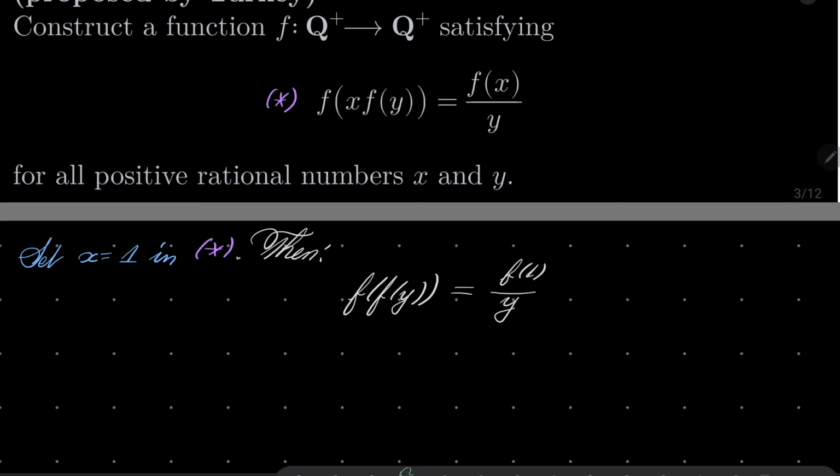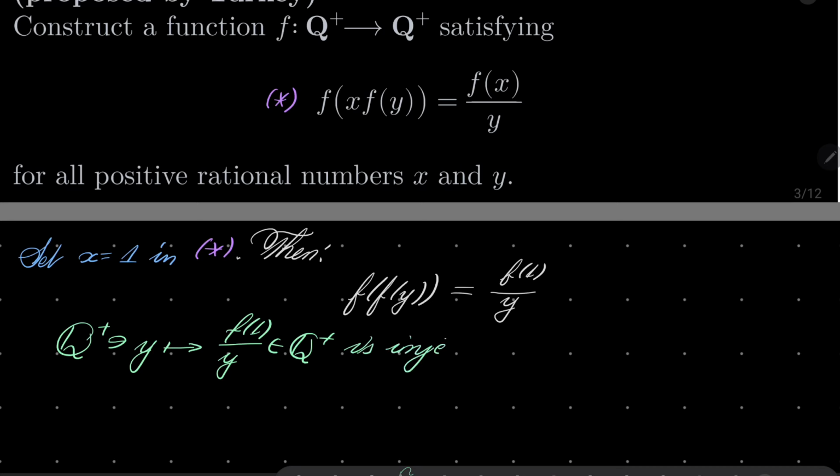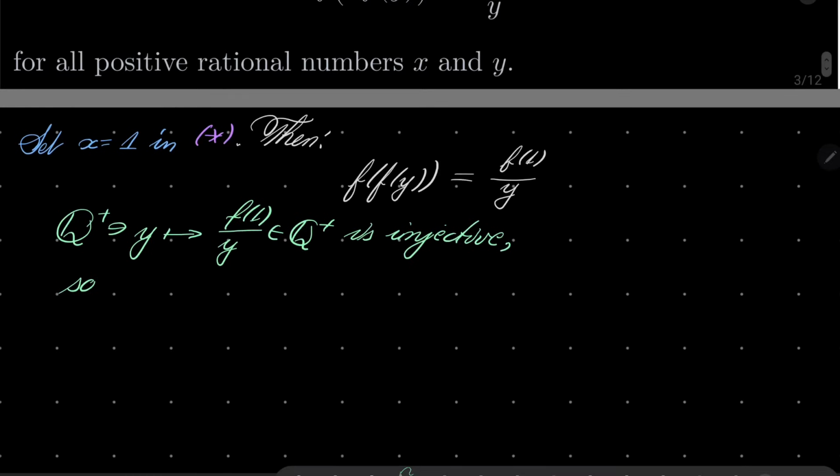So the mapping which takes positive rational numbers y and returns this is injective. So f composed with itself is injective, which in turn means that the inner function must be injective. So f itself is injective.